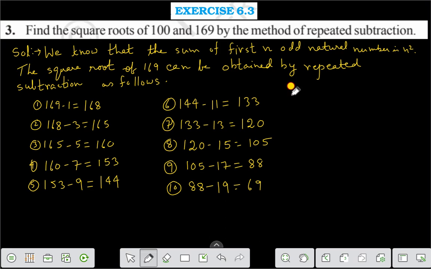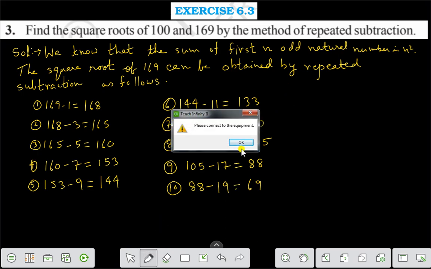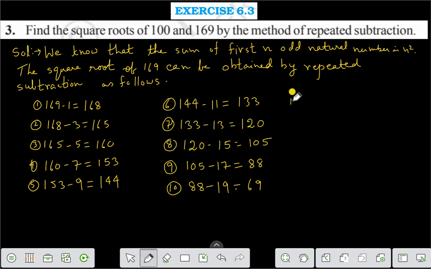This is the 10th step. The 11th step is 69 minus 21.